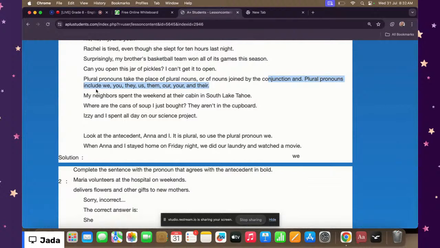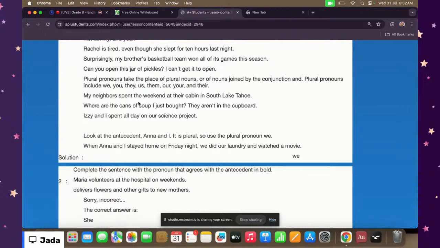These are plural pronouns. My neighbors spent the weekend at their cabin in Salt Lake. So this one, their, here is the pronoun. So it has to agree with my neighbors.